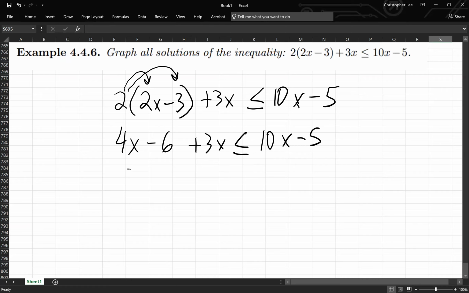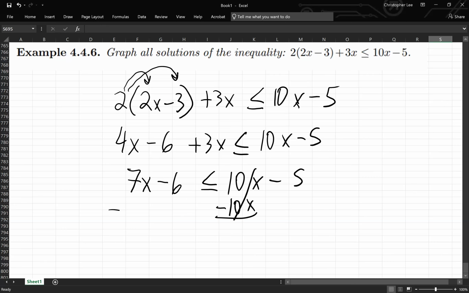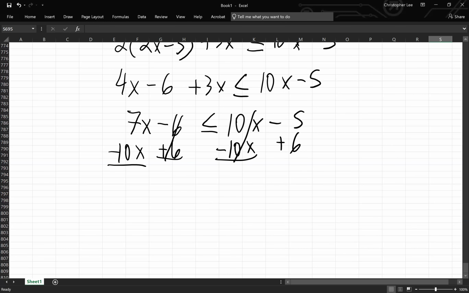Combine like terms. Now I have 7x minus 6 less than or equal to 10x minus 5, right? I'm going to subtract 10x from over here. What I do to one side, I got to do to the other. I'm going to add 6 over here. What I do to one side, I got to do to the other, right? So now 7 minus 10x is close. Give me a better answer.